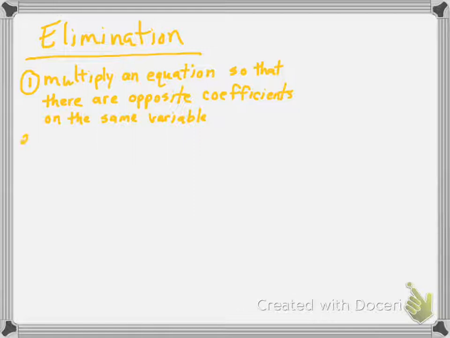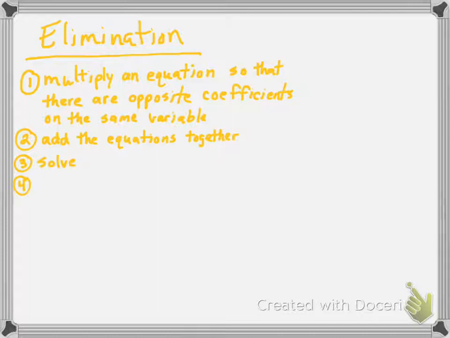Okay, so then step 2 is to add the equations together. Okay, step 2 only works if you've already completed step 1. Okay, because when you add the two equations together, then one of them is going to cancel out. One of the variables is going to cancel out.